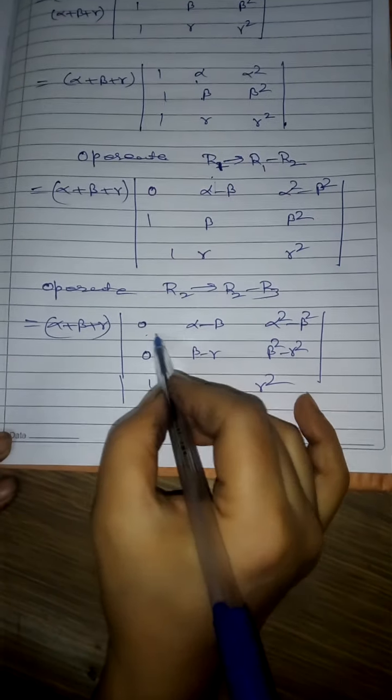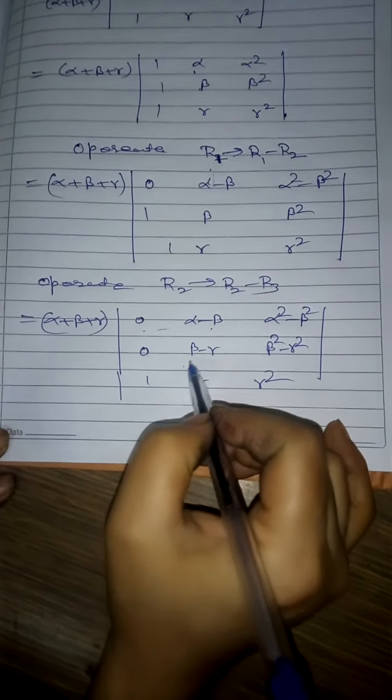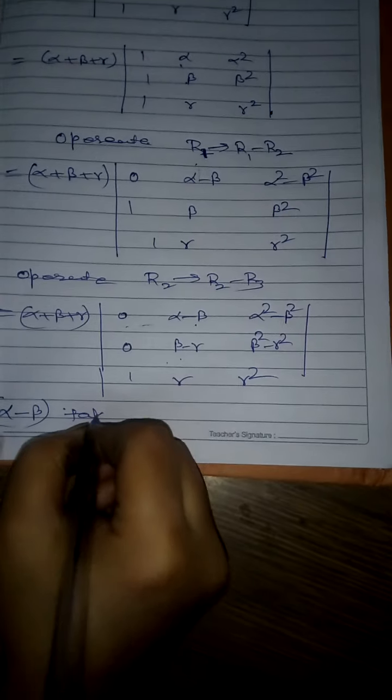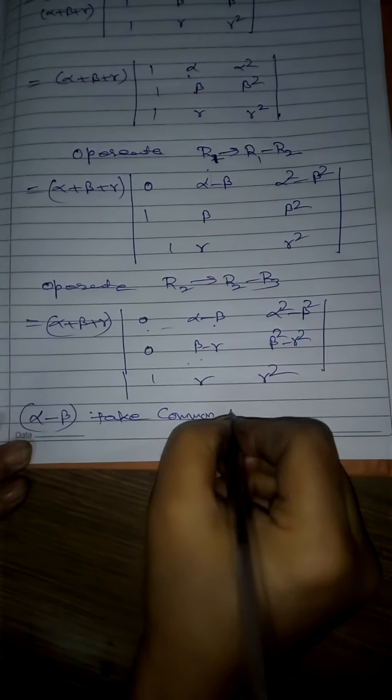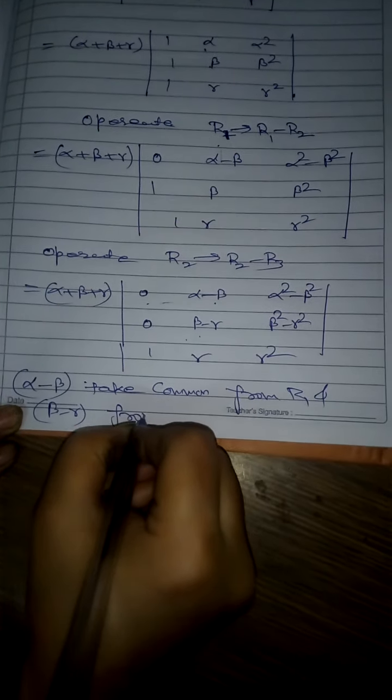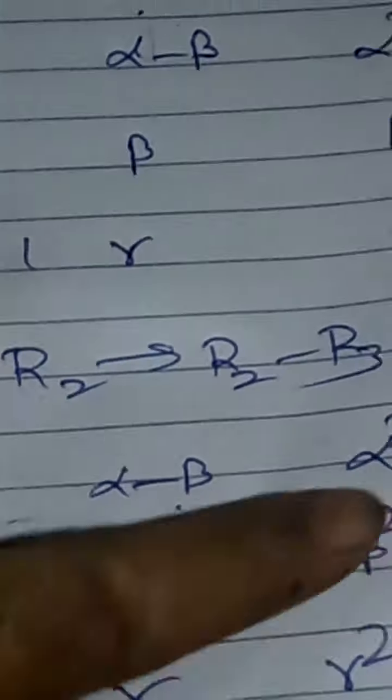In this step we take alpha minus beta common from the first row and beta minus gamma common from the second row. So we have alpha plus beta plus gamma into alpha minus beta and beta minus gamma, and the determinant has 0, 1 and alpha plus beta, because alpha square minus beta square is alpha minus beta into alpha plus beta.